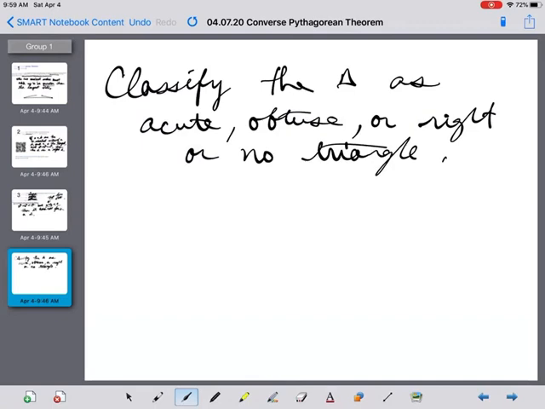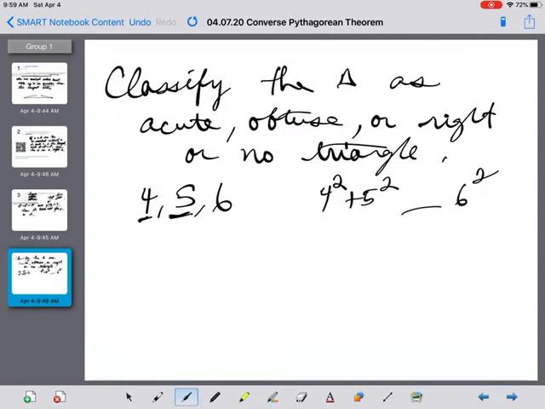So if you have, let's say, the sides 4, 5, and 6, keeping in mind the largest side will always be C, well, you're going to test 4 squared plus 5 squared. How does that compare to 6 squared? Well, before you do that, you should have checked that the two smallest sides added together, 4 plus 5 equals 9. It forms a triangle. You have to check that first.